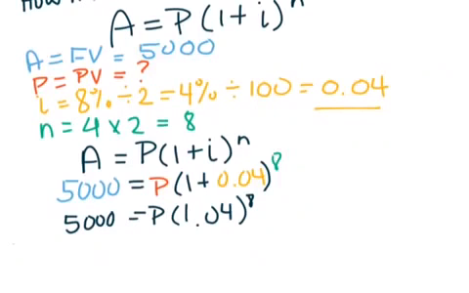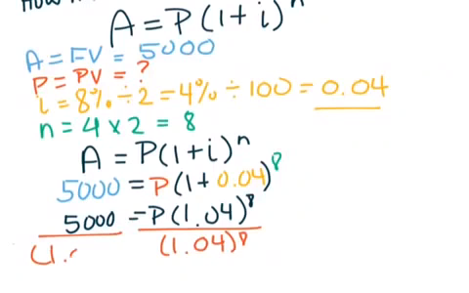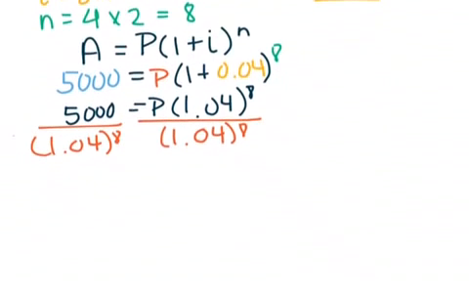So to get rid of a times 1.04 to the power of 8, we're going to divide by 1.04 to the power of 8. Whatever I do to the right side, I better do to the left side. We have something magical that can happen on this right side: 1.04 to the power of 8 cancels out, because we've got times and then divide by the same number.